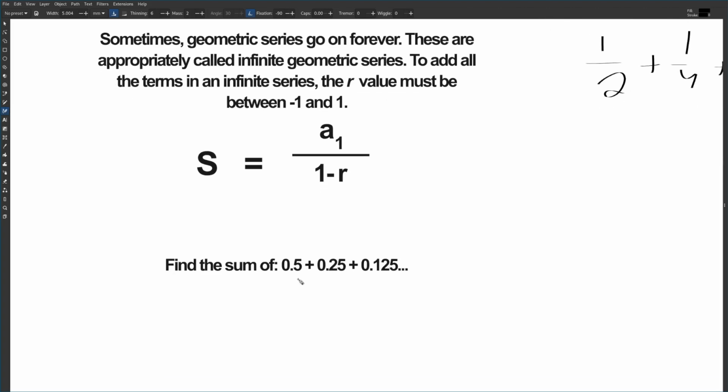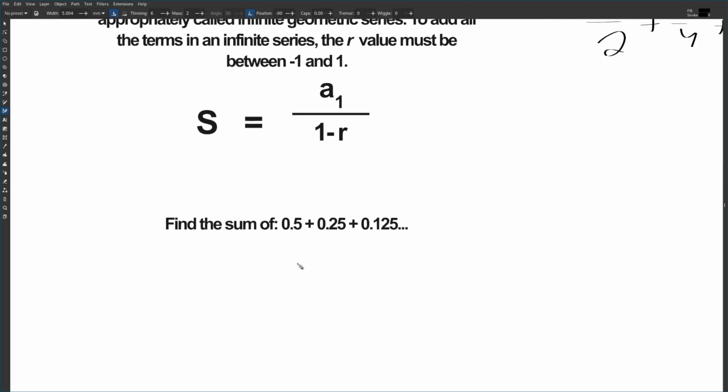Find the sum of 0.5 plus 0.25 plus 0.125, and so on. Let's rewrite that into a more recognizable form. This is 1/2 plus 1/4 plus 1/8, and so on. Since this is an infinite geometric series with a ratio of 1/2, use this formula.